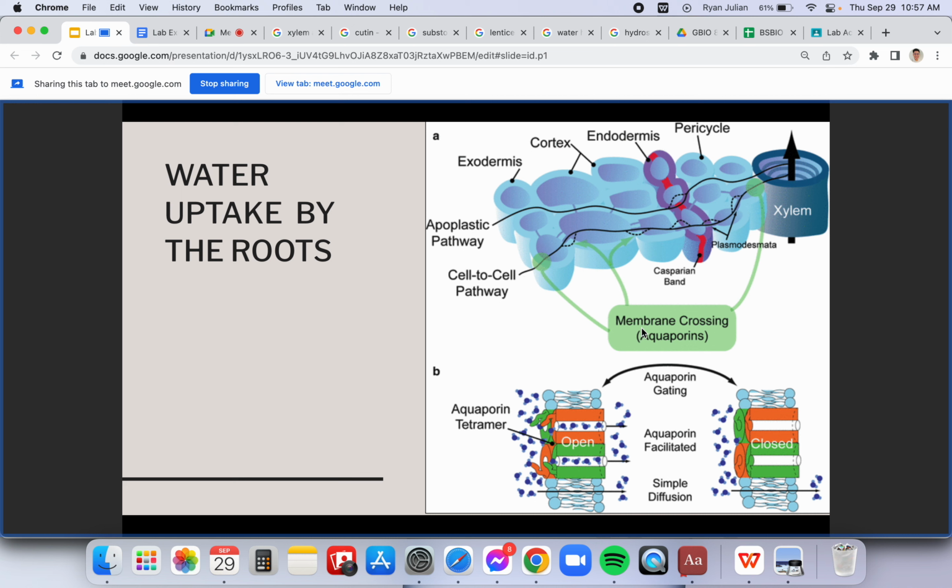And it occurs in the process of membrane crossing or aquaporins. The difference between open and closed aquaporins is what we call the aquaporin gating. Obviously, the open one enables the entrance of water freely without any obstacles. And the closed one, very opposite of the open, traps water inside.